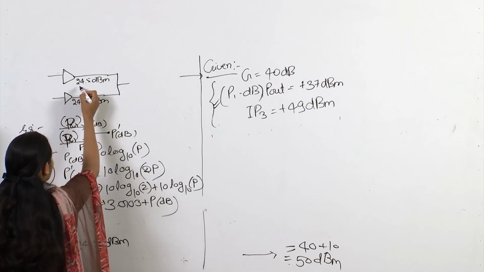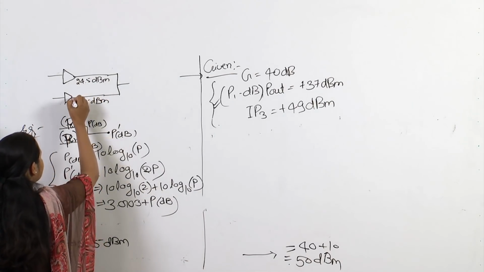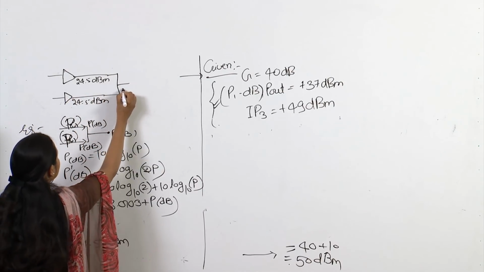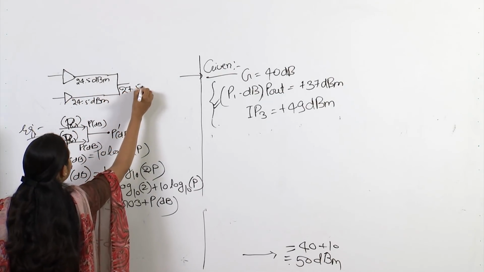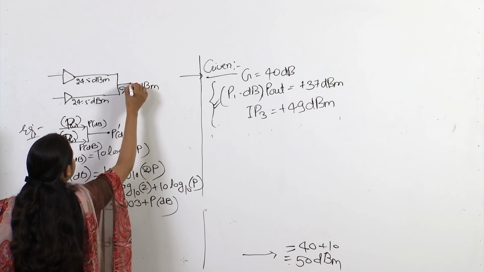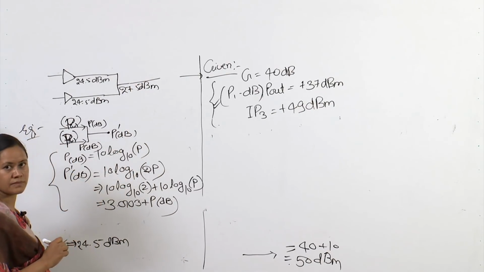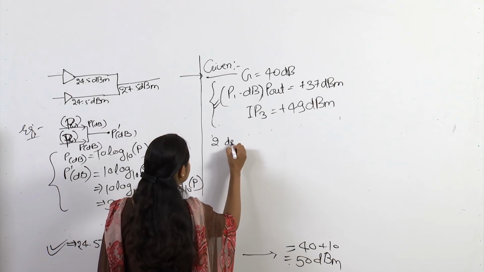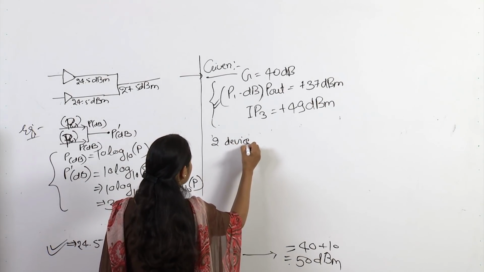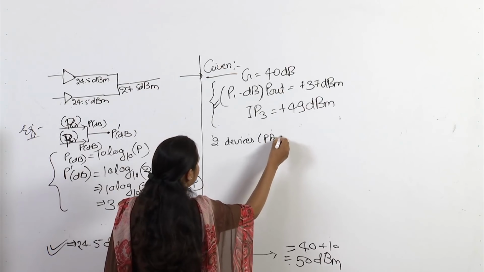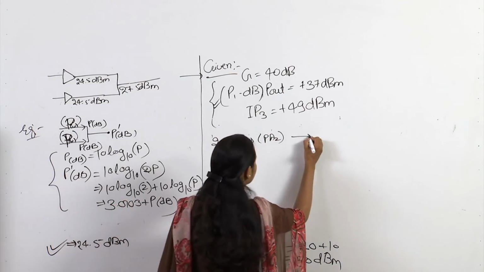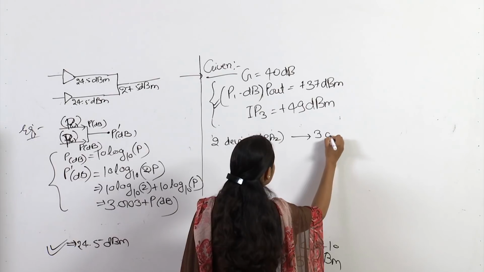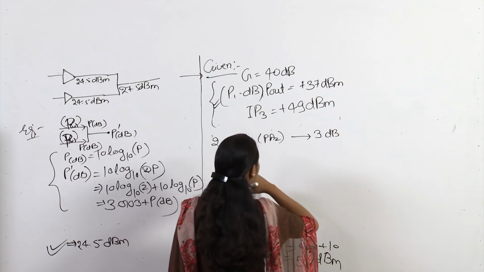For example, for 24.5 dBm at the output of this PA, their summation will be 27.5 dBm here, right. So, what is happening here? If we put two devices, let us say PAs in parallel, we have an increase of 3 dB.